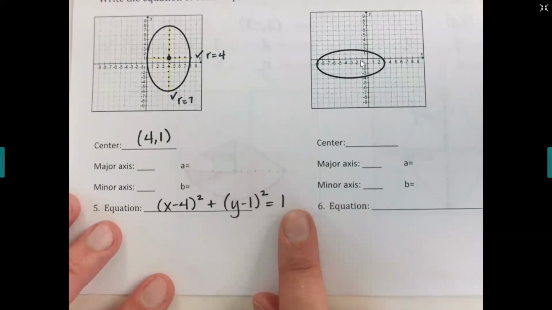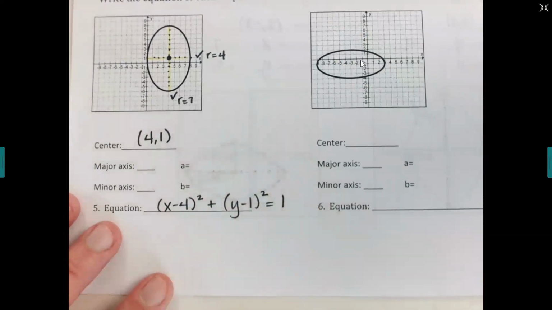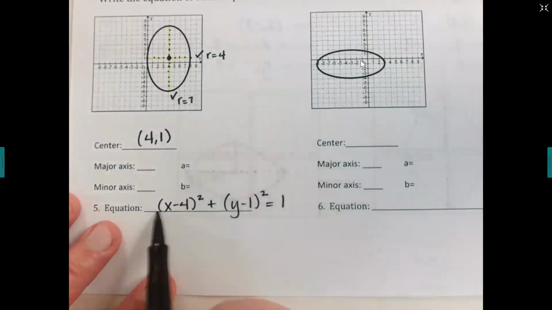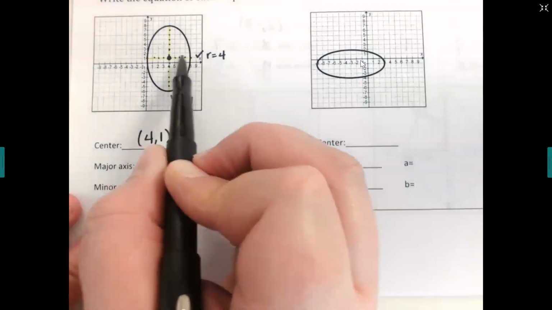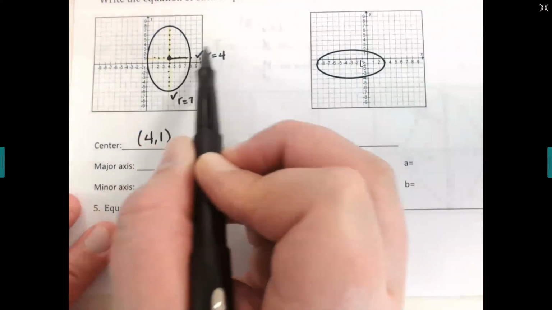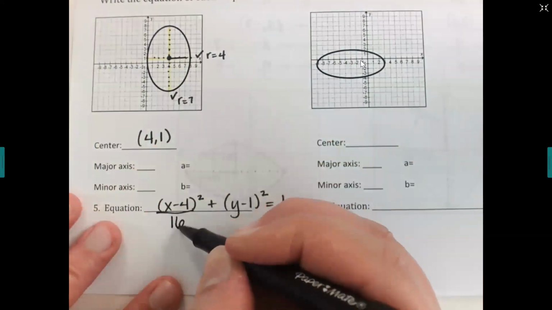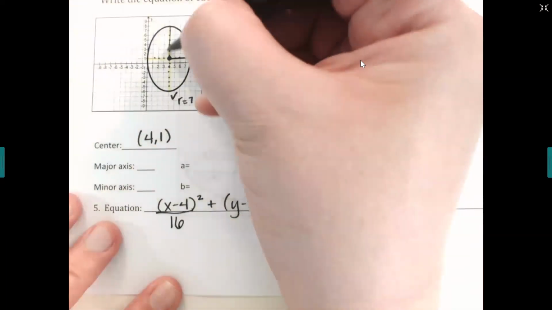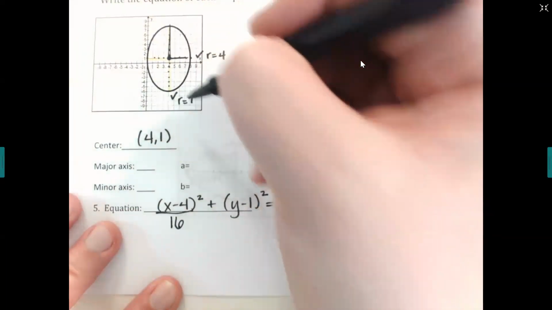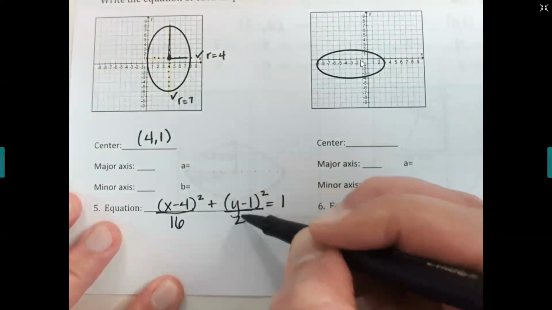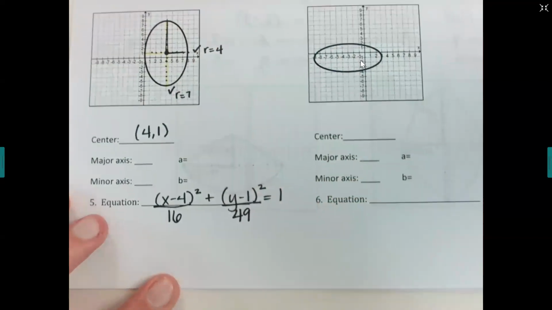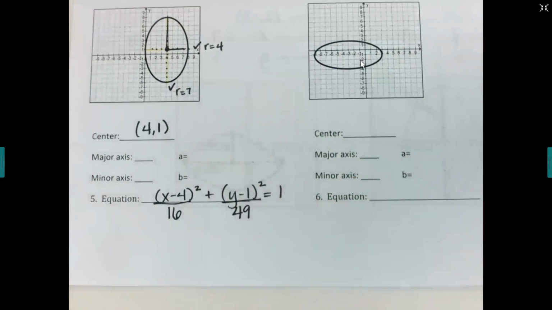Then the only other two numbers you need to put are the numbers on the bottom. So x has to go with the x distance, which was how long? 4. Then what will I put on the bottom? 16. Okay, then my y distance, remember, we said it was 7. Then I put a 49. Does that make sense?